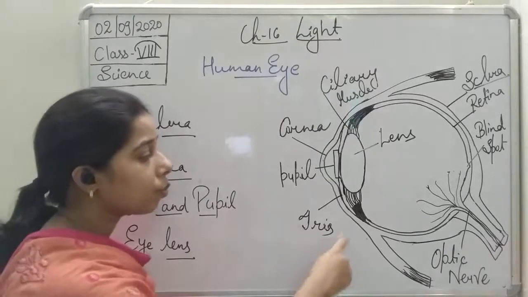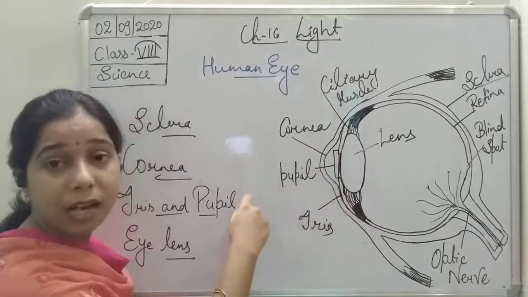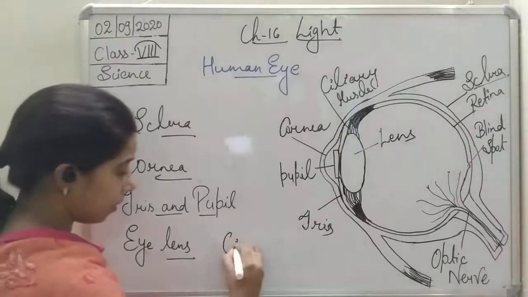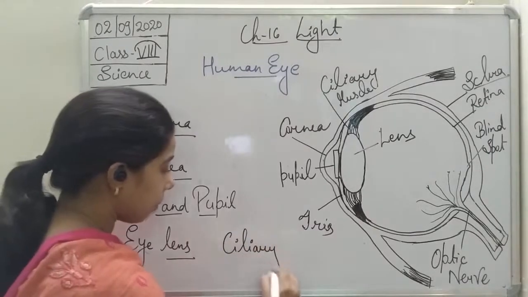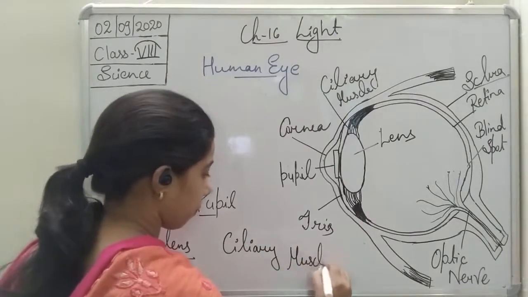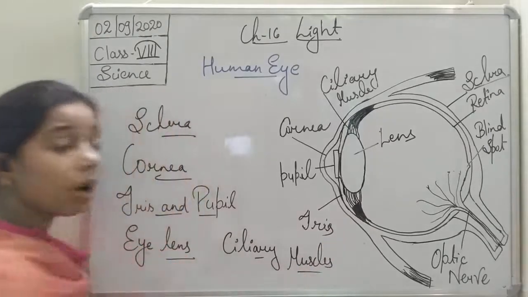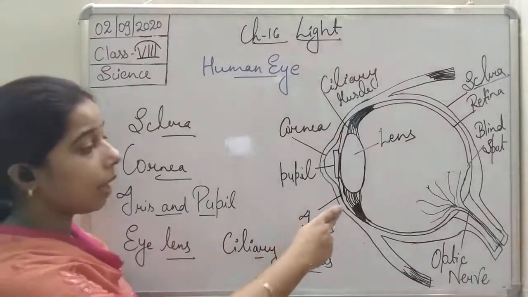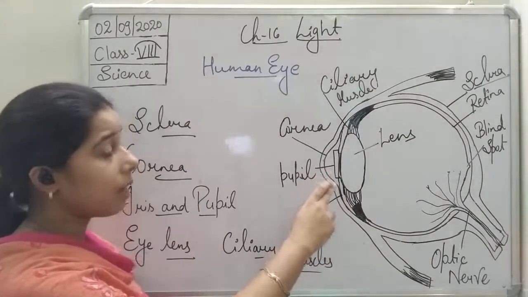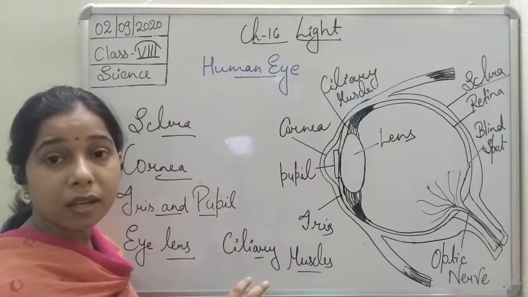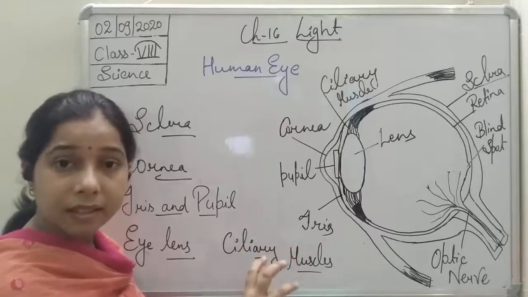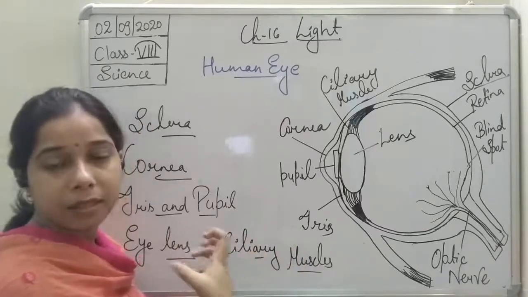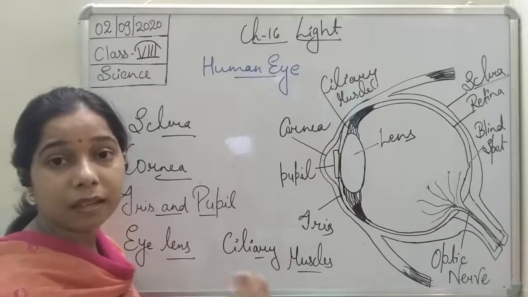Now from this eye lens, students, you can see muscles are attached to it. These muscles are known as ciliary muscles. The ciliary muscle is basically attached to the lens, and its main role is adjusting the lens in such a way that it can focus the light which is entering into it.